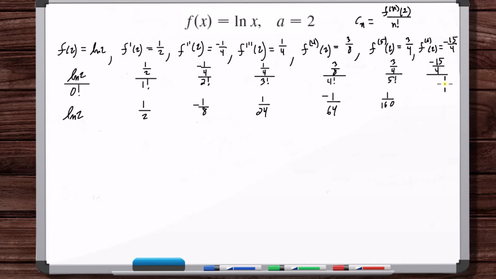15/4 divided by 6 factorial, times 6 times 5 times 4 times 3 times 2.